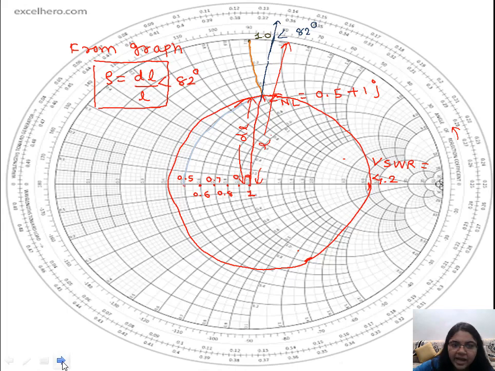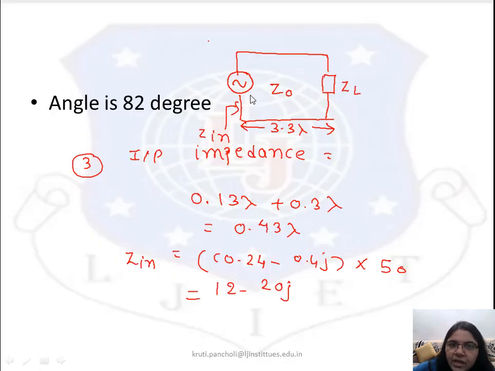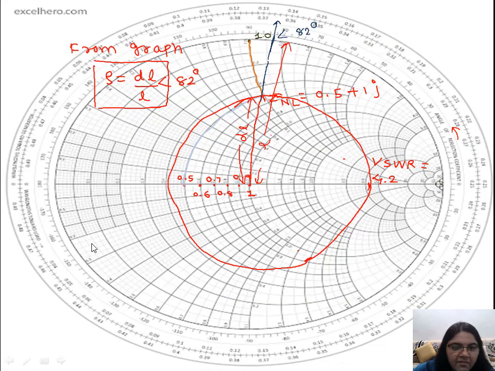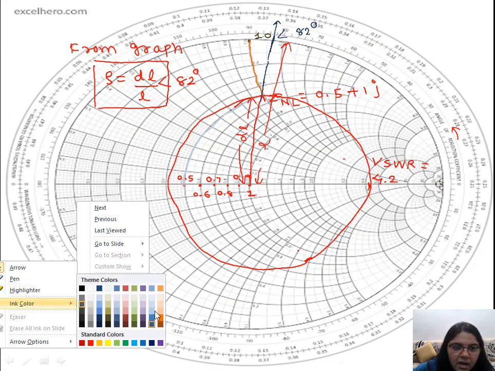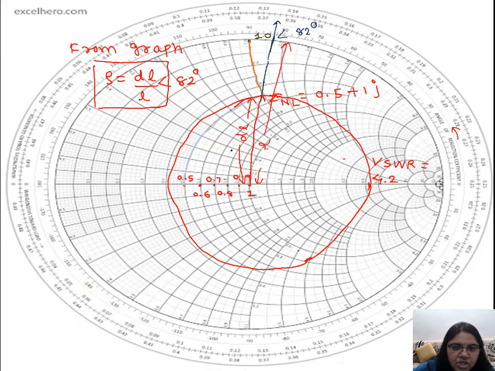To find the value of the angle, what should I do? I am having this point, as you have seen earlier, my ZNL portion.